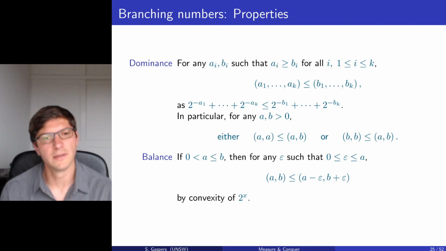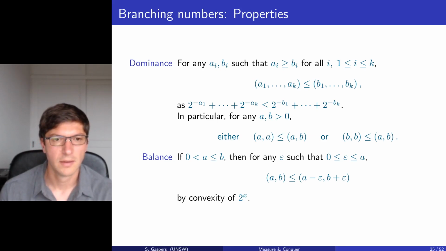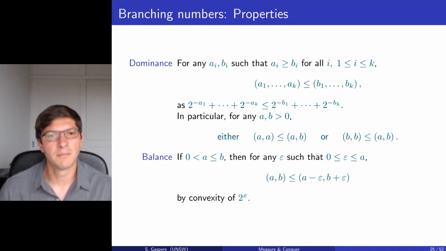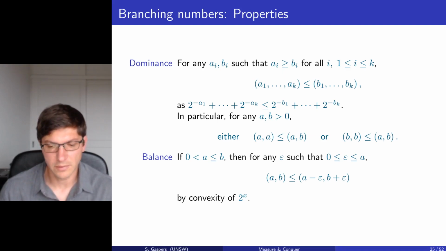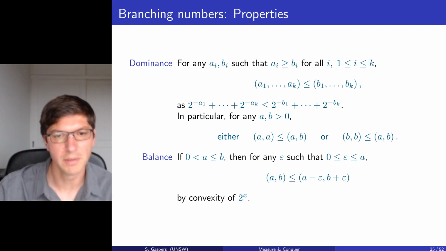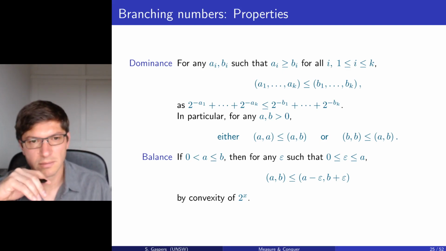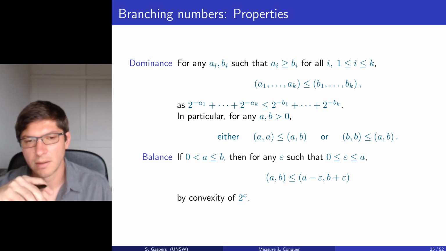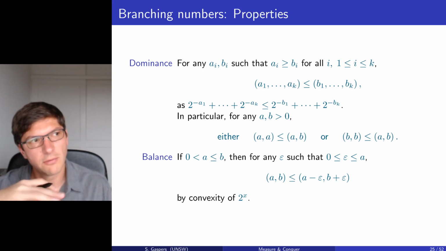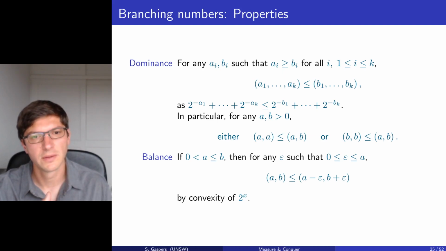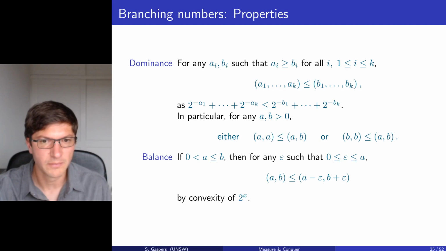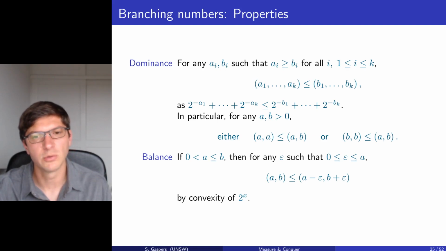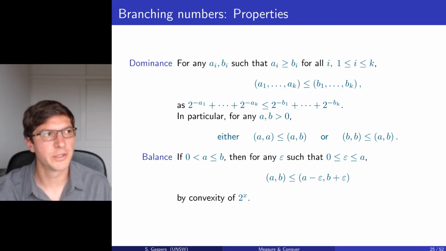The second property is the balance property. If we have two numbers a and b, and our branching number is a comma b, and a is smaller than b, and we make the branching even more unbalanced, so we decrease the smaller one, A, by some value epsilon, and we increase B by the same value epsilon, then we get a larger branching number.